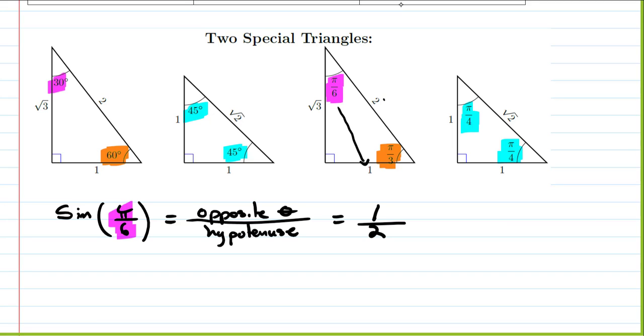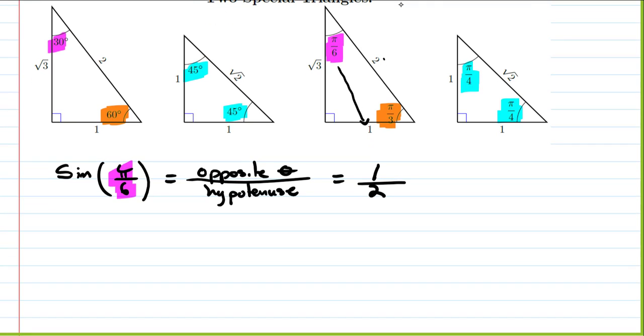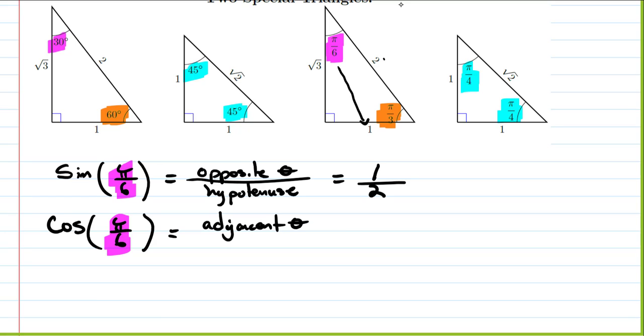So we can use these special triangles to calculate the exact values of some of our trigonometric ratios. So then, for example, if I did the cosine of pi over 6, I'm going to use that same angle, but by definition, cosine is adjacent to theta divided by the hypotenuse.